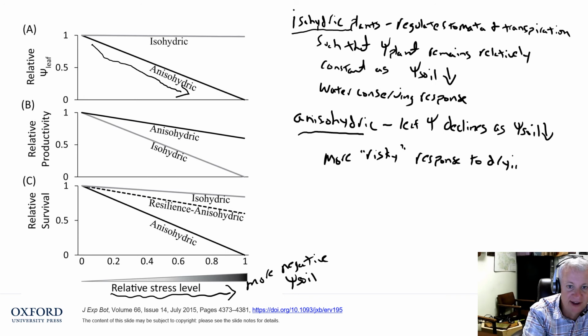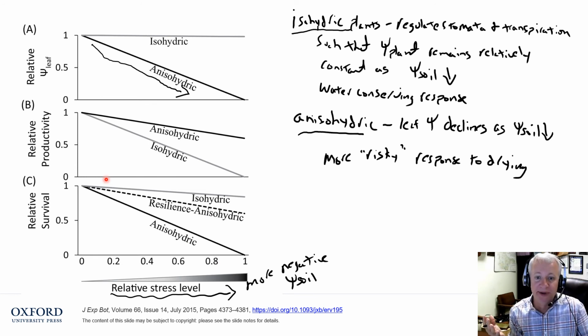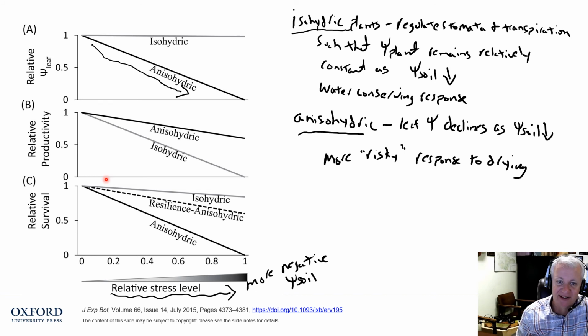That's also illustrated in these graphs: as stress goes up, there's less mortality in the isohydric plants than in the anisohydric plants, because the anisohydric plants tend to keep their stomata open more, therefore their water potential becomes more negative as the soil gets drier, and they have a greater chance of losing turgor and dying.